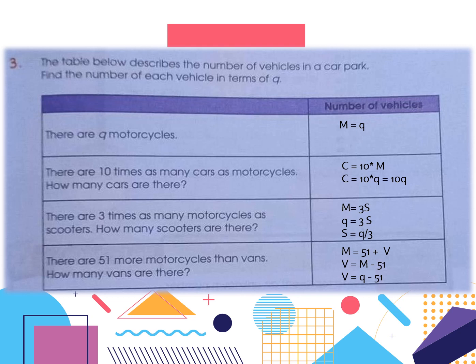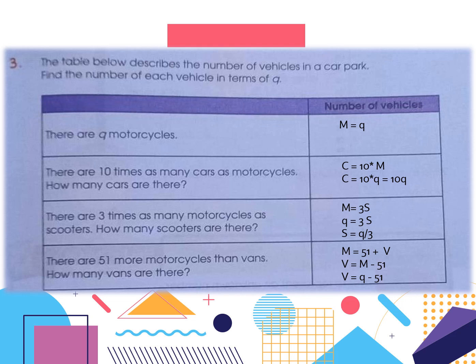Now here we have to write in terms of scooters because there are 3 times as many motorcycles as scooters. Means whatever the number of scooters, motorcycles are 3 times more than the scooters.